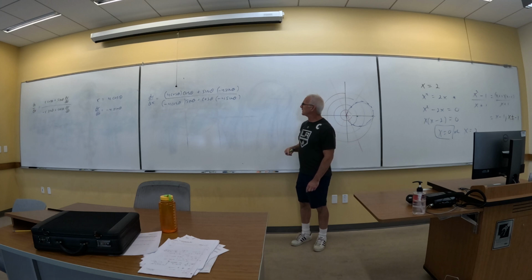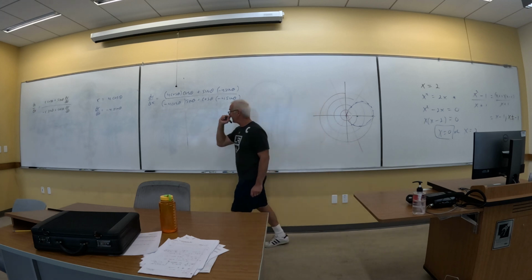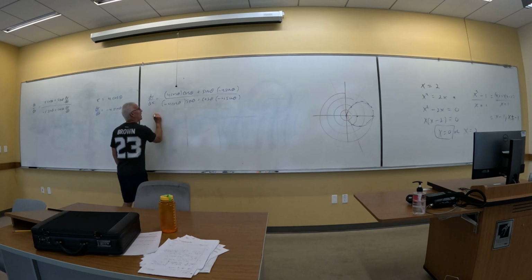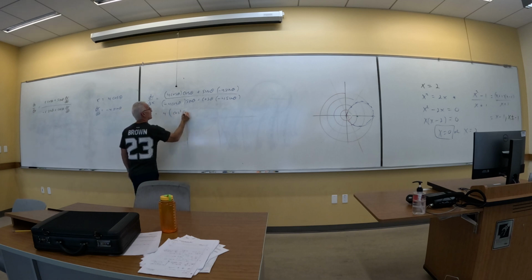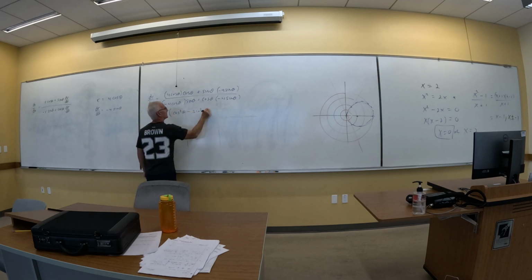You think I might be able to manipulate this somehow? Maybe make it less scary? Well, let's see, on top, if I factor out the 4, I'd be left with cos squared theta minus sine squared theta.